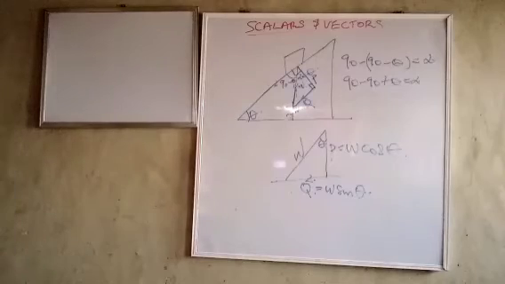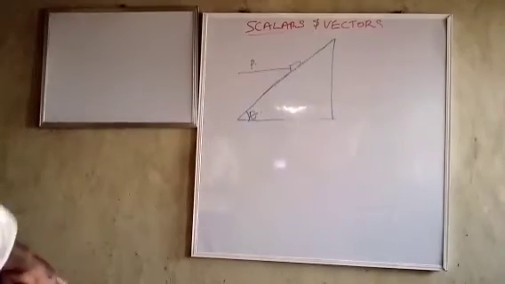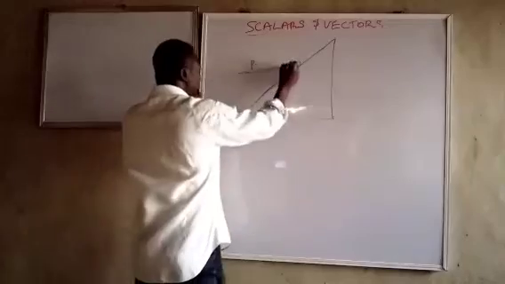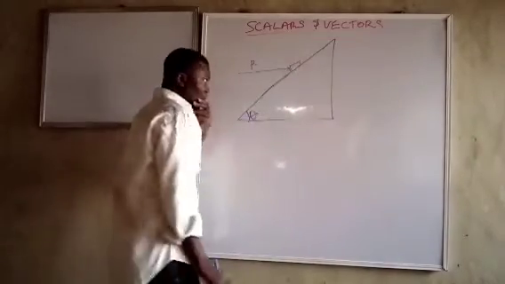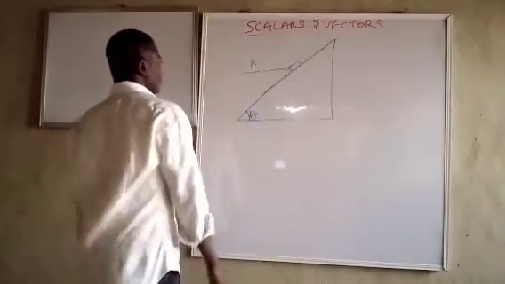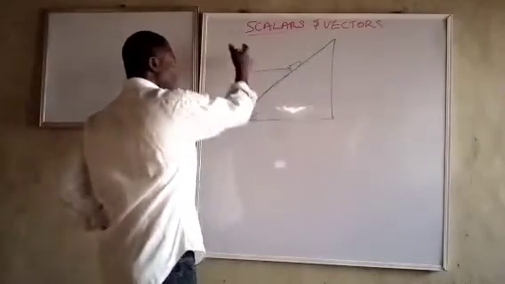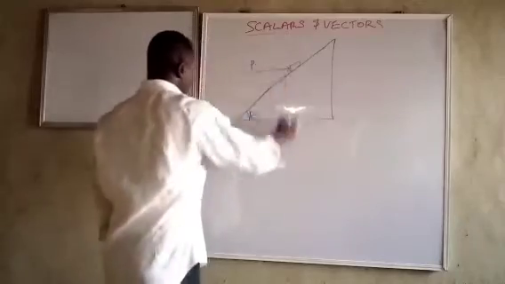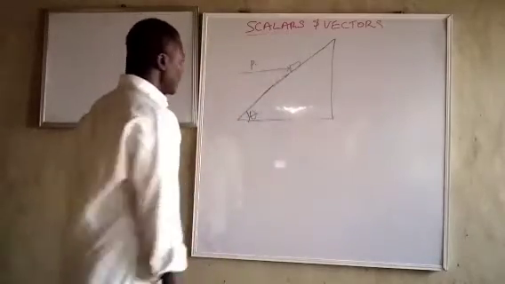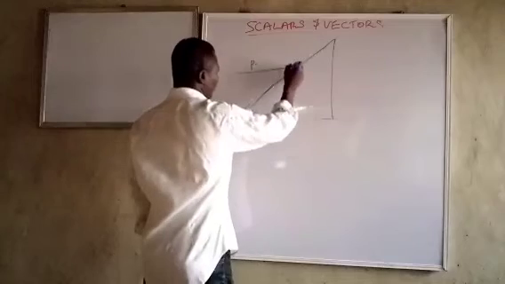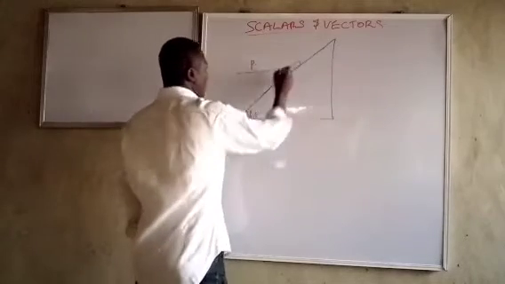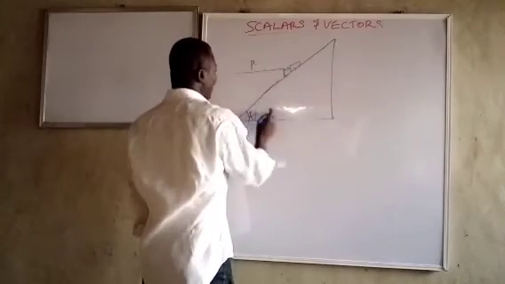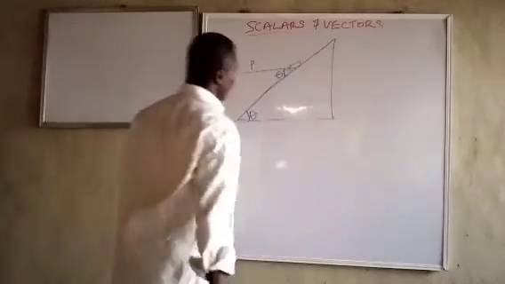We look at another one now. We have a force P pressing on an object on the inclined plane. I want to resolve this P along the plane and perpendicular to the inclined plane. If you look at it, this one comes here. This will give us an alternate angle. This angle will be theta.